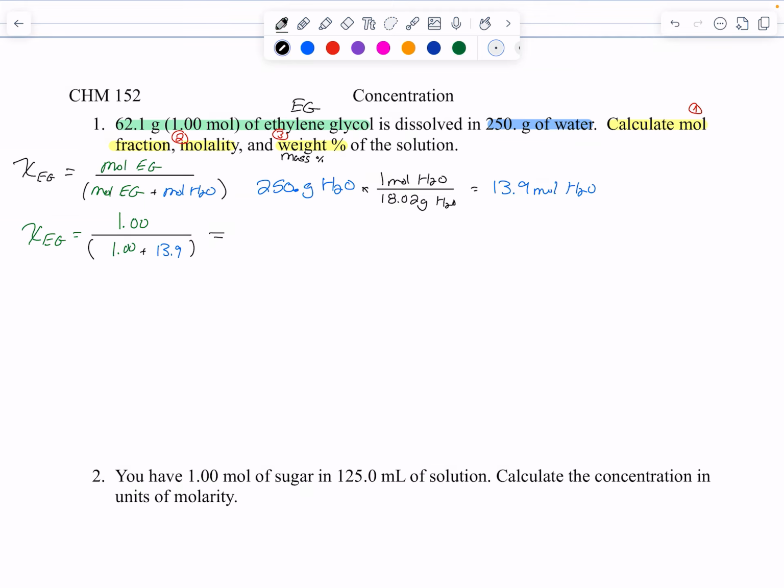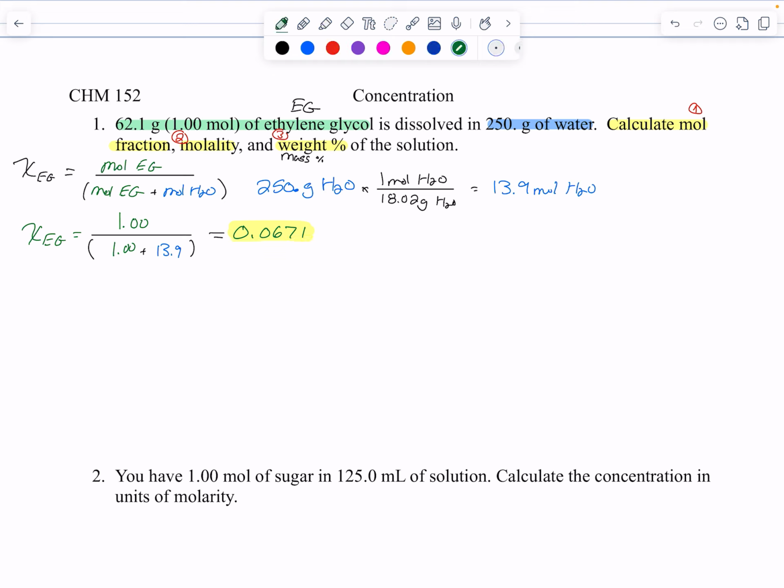And that would be 1 over 14.9. And I get 0.0671. So that would be the answer to the first problem.